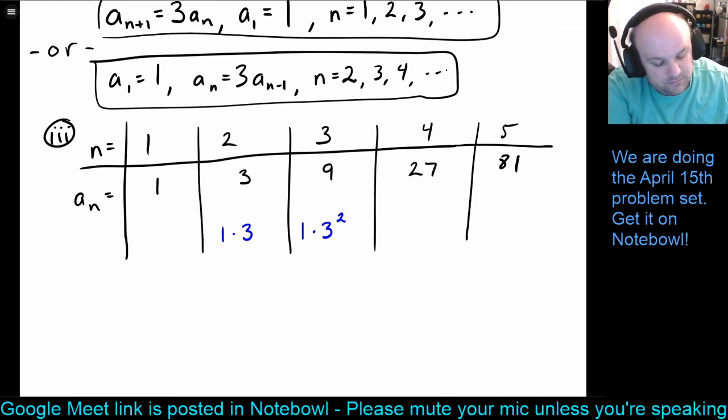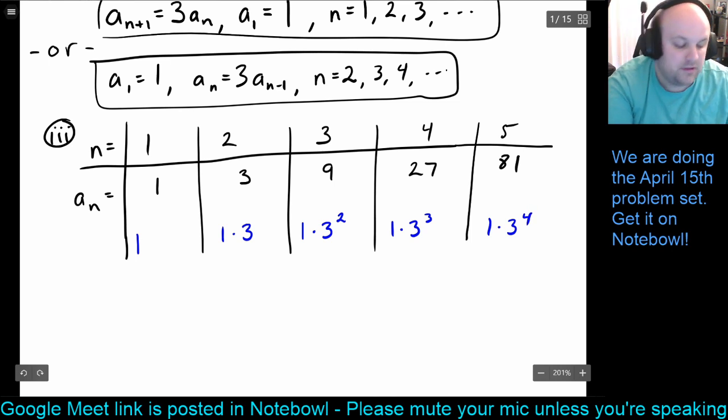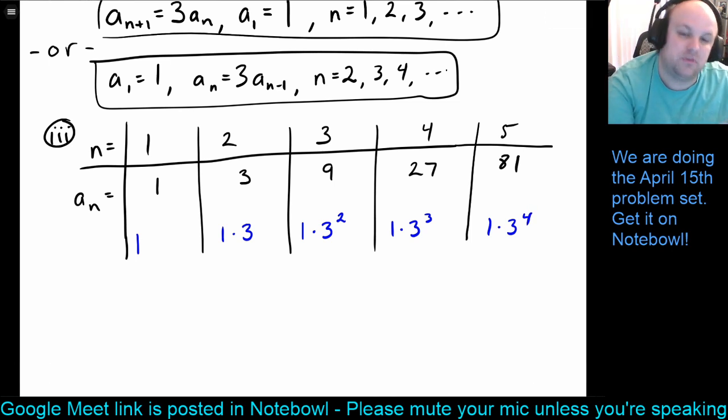Here. So actually, for the first term, let me just write a 1. Right? Going from 3 to 4, I take 3 and I multiply it by another copy of 3. So 1 times 3 cubed. And this one is 1 times 3 to the 4th. Right? Because each time I just keep multiplying an extra 3 on it. Right?